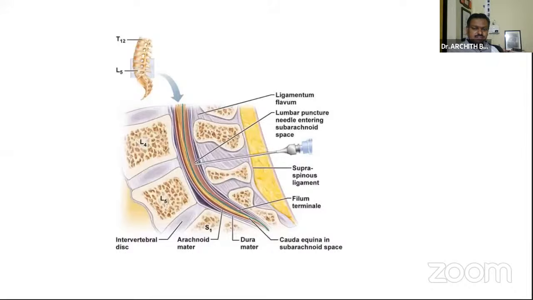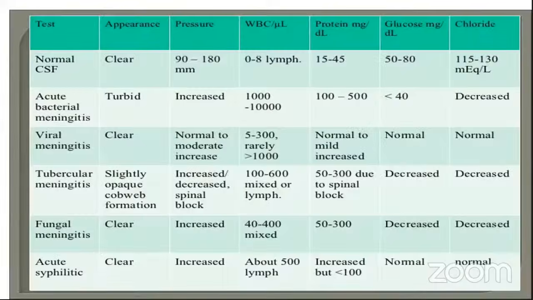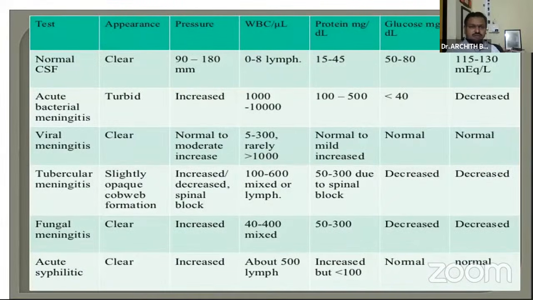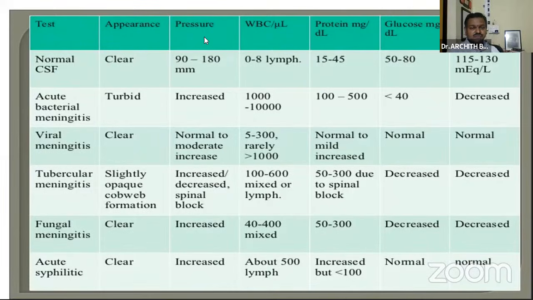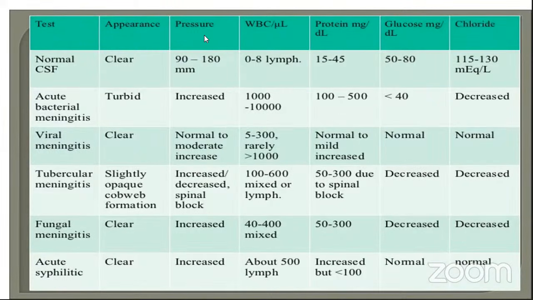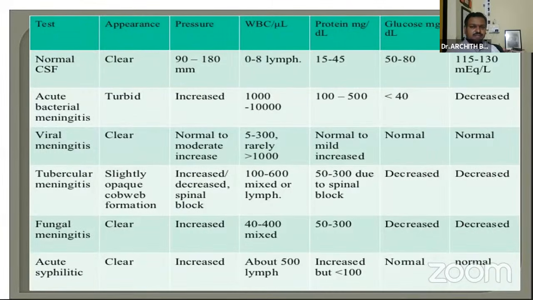What's the normal CSF pressure? 100 to 150 mm of mercury, sir. Okay, 100 to 150 millimeters of water, that is 10 to 20 centimeters of water. We don't use mercury; we use a graduated tube and water.